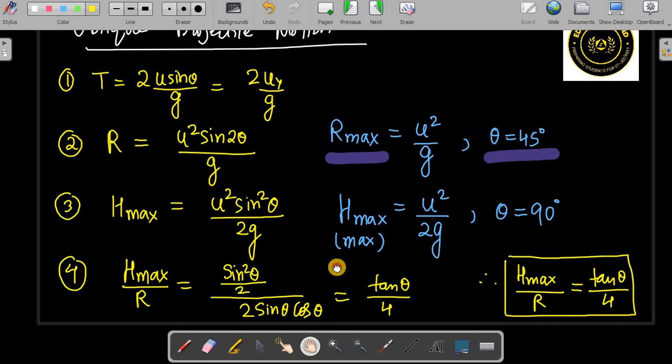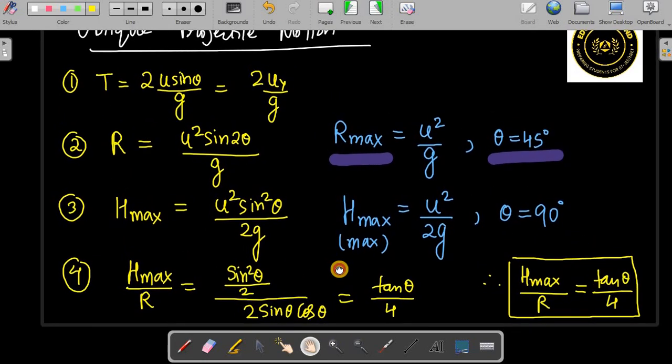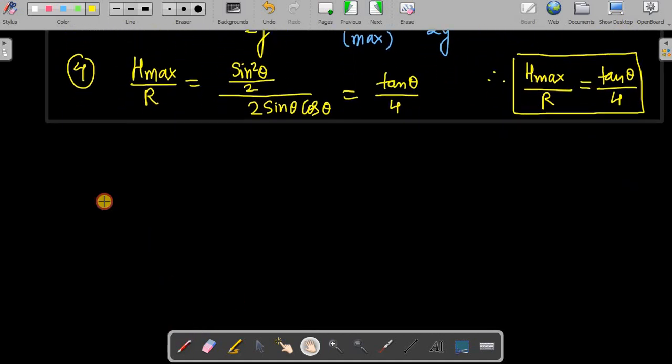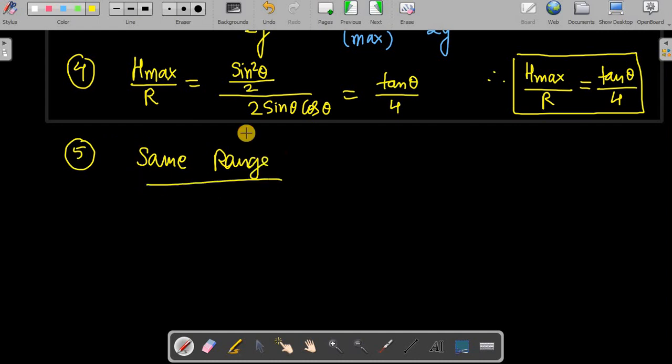Now there is another thing to note about the same range. There will be some conditions for throwing the body. Let us say this is a body and we are going to project it.